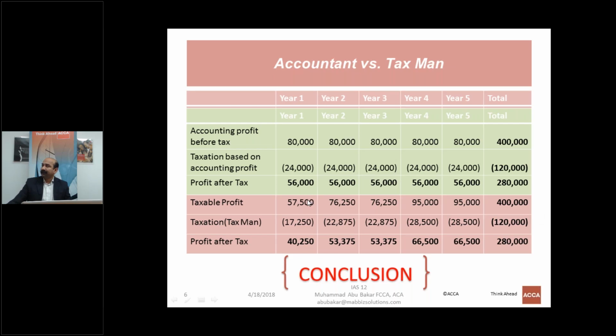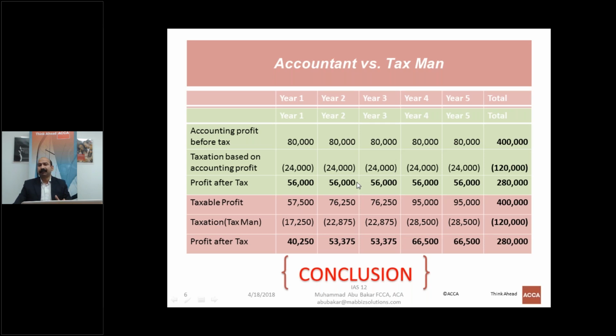We can note from here, this is only a timing difference. Depreciation expense is being allowed in a different pattern by the tax law, and depreciation is being charged in a different pattern by the accountant. But over the life of the asset, the tax effect will be the same. So this is only a temporary difference. First, this difference creates, then subsequently it reverses.